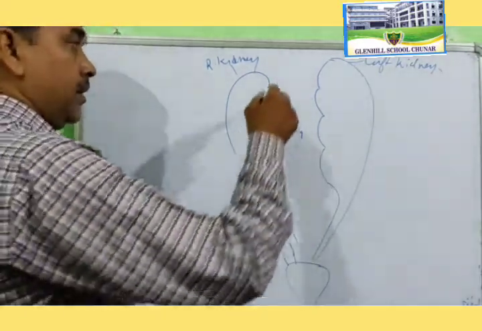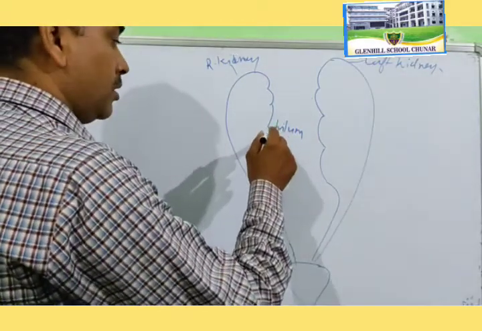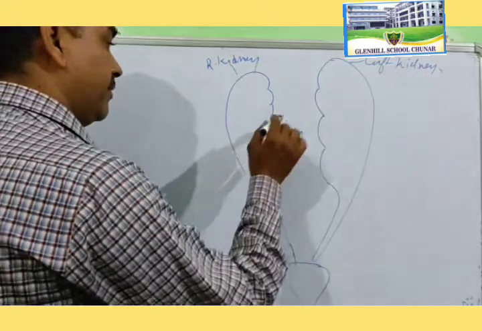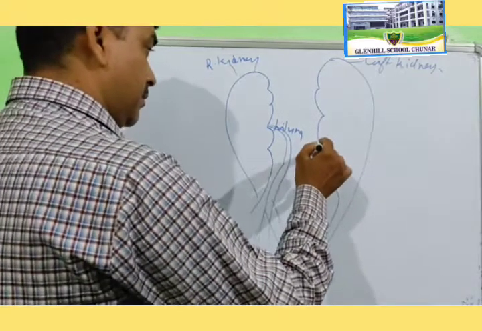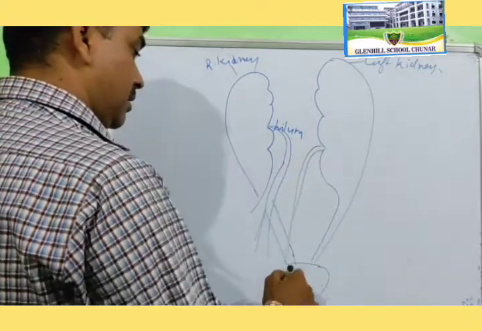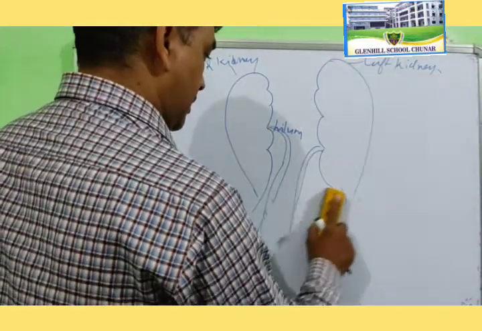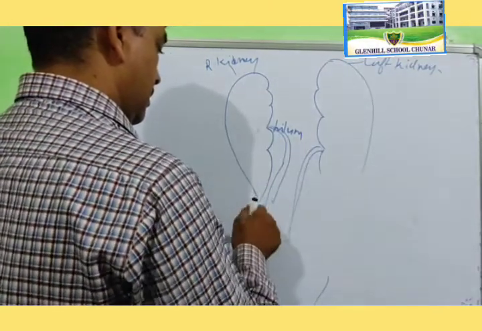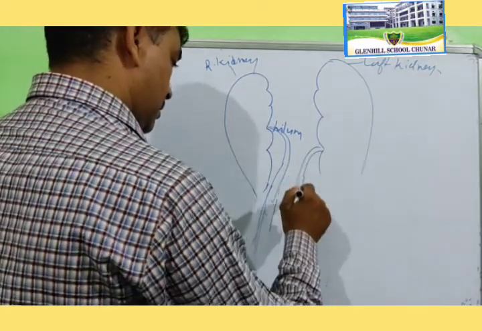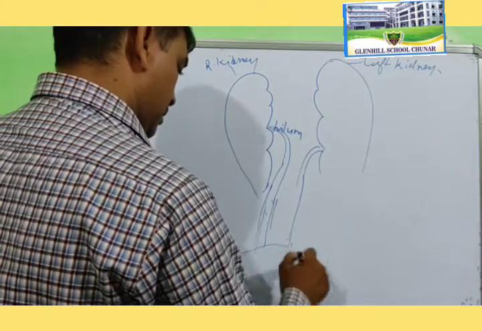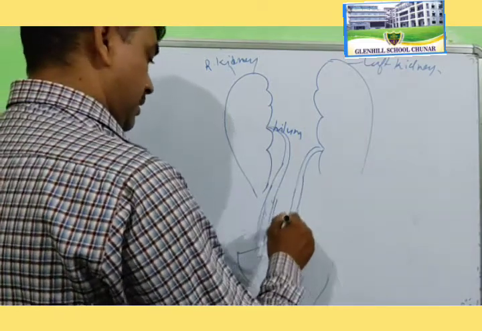In the hilum, the ureter is connected, as shown in the diagram.